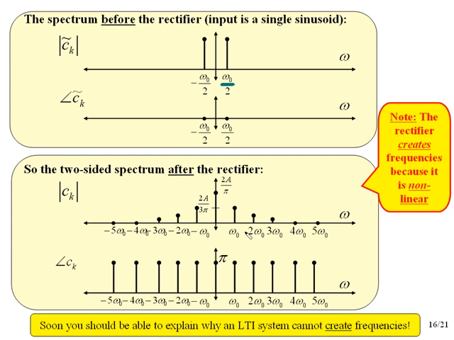A linear time invariant system cannot create frequencies. And I say that soon you should be able to explain why that is. We've already really seen that. We've analyzed using convolution and the impulse response when a sine wave goes in.